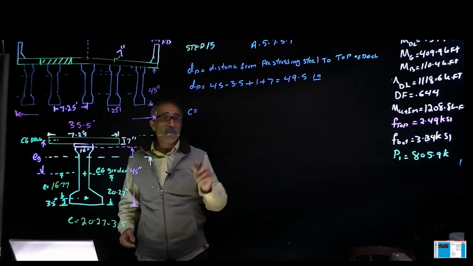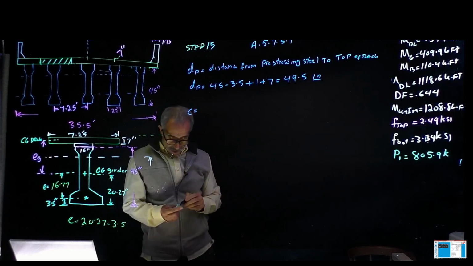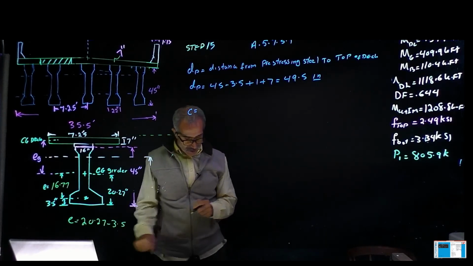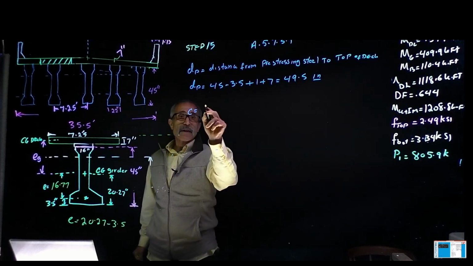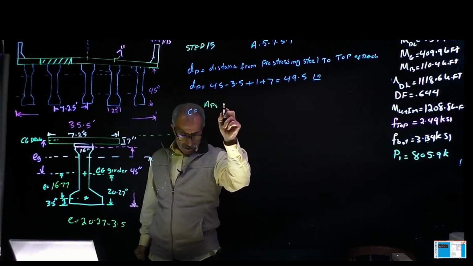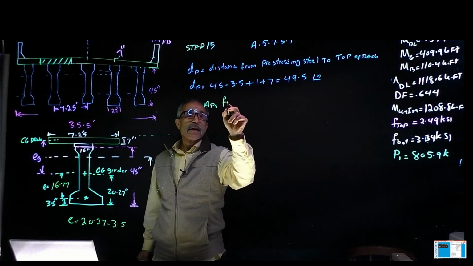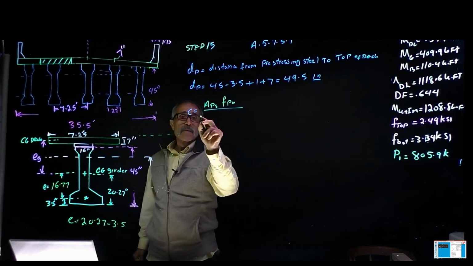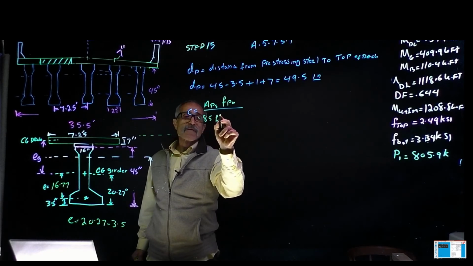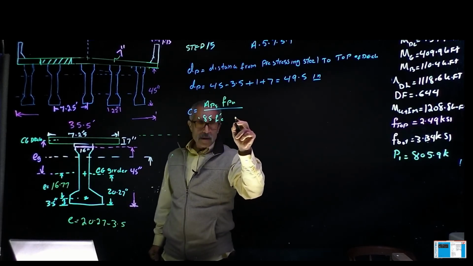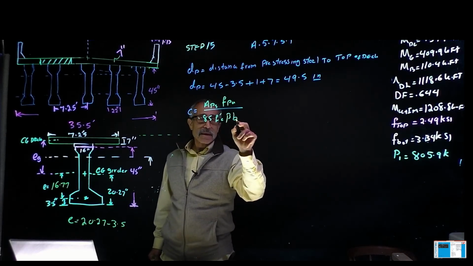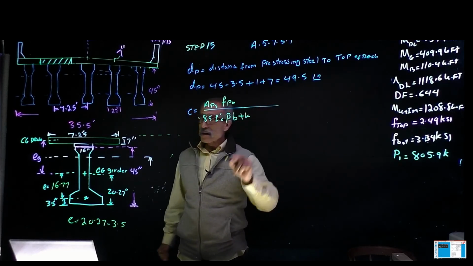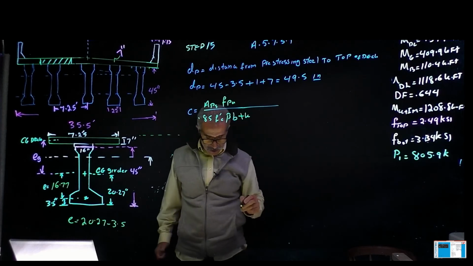So the formula says C is equal to A_ps times f_pu, divided by 0.85 f'c beta times b plus k. All those are in a table, which I'm going to show in a minute.